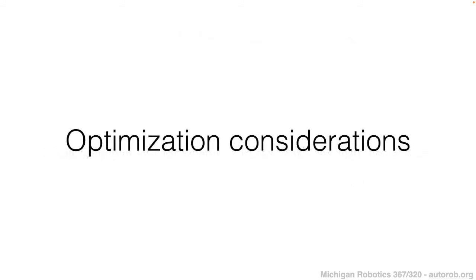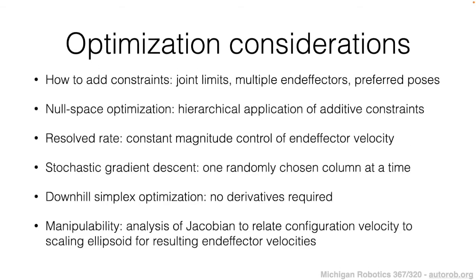One additional topic I want to mention within this realm of error minimization or optimization for inverse kinematics are a number of considerations about where else within robotics we can apply this idea of error minimization, and even within inverse kinematics specifically, some important considerations for thinking about how optimization can be used and what might be limiting it.